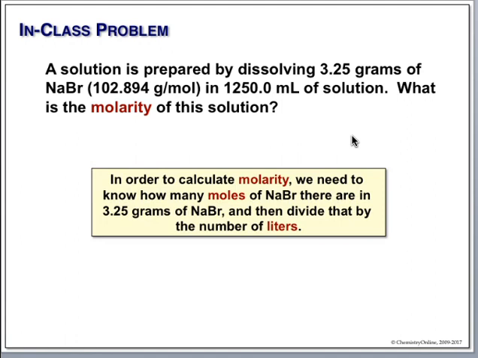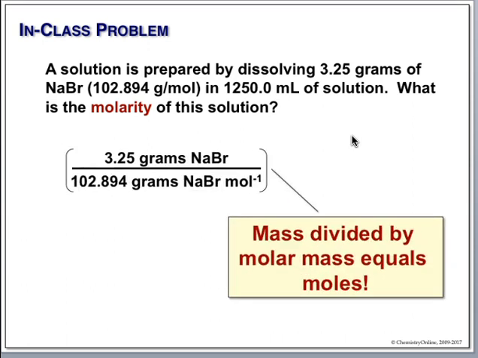Now, remember the thing that we say before we go to sleep. Mass over molar mass is moles, right? Here's our mass, 3.25 grams. Here's our molar mass, 102.